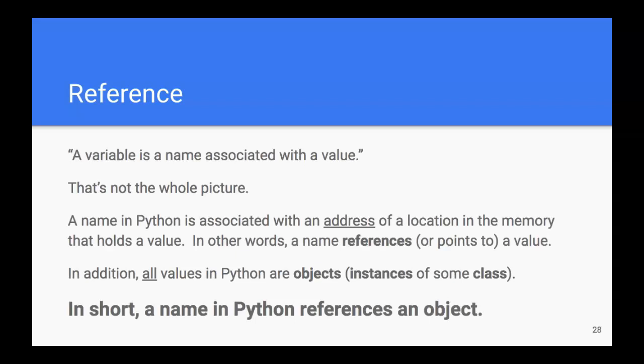Okay, by the way, I think this is something that Professor Losef also referenced quite a few times in his writings. I kept saying we're not ready, but now we're ready. So a name in Python is really associated with an address of a location in the computer's memory that holds the value.